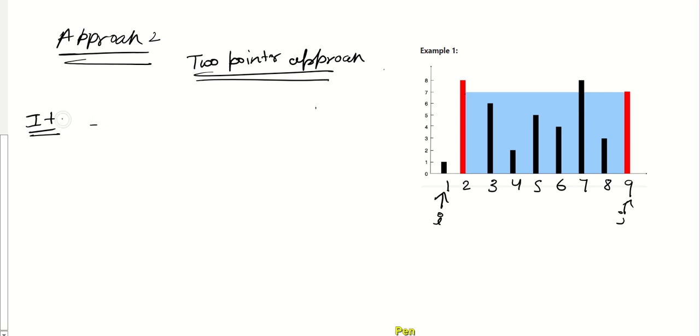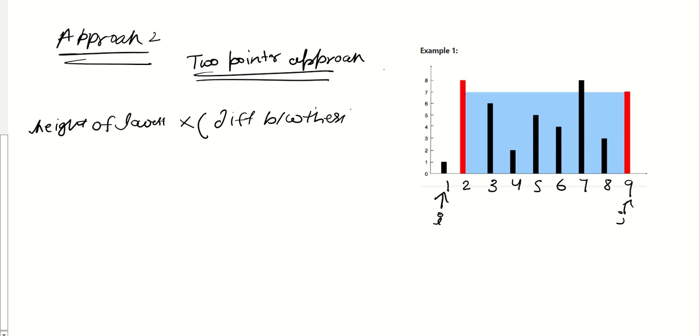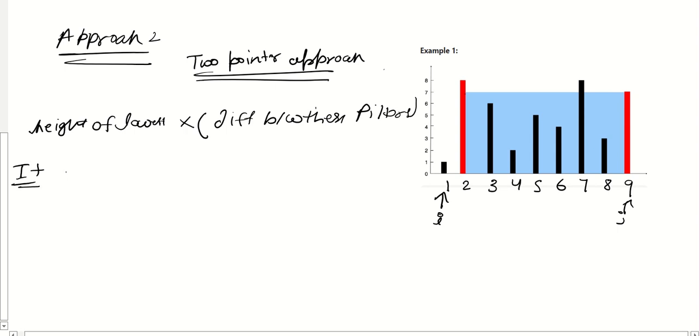So the formula will be the height of the lowest into the difference between these pillars. So in our iteration one, the height of the lowest: i height is 1, j height is 7.